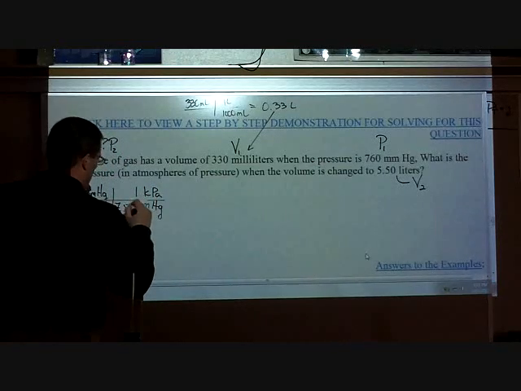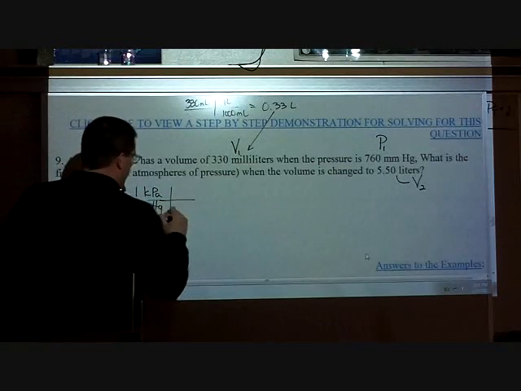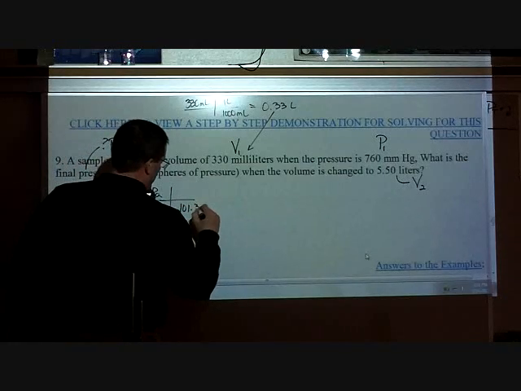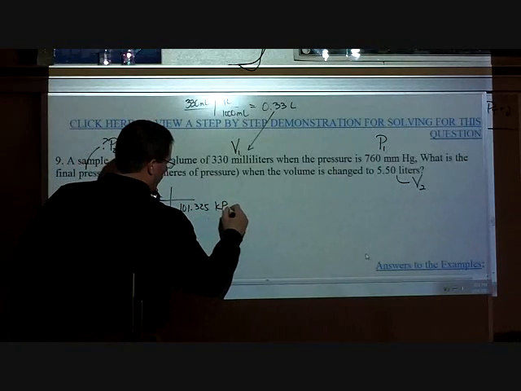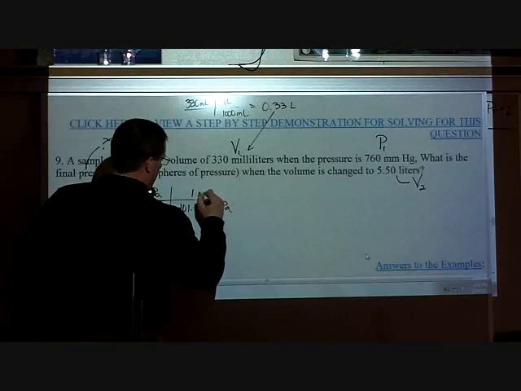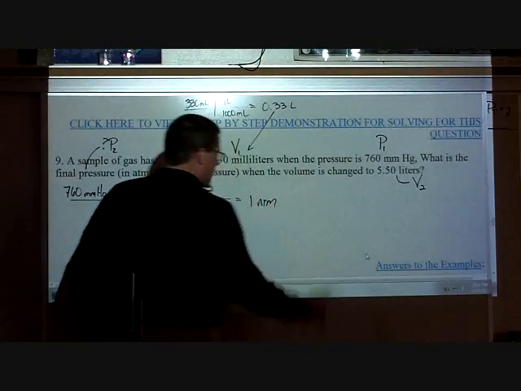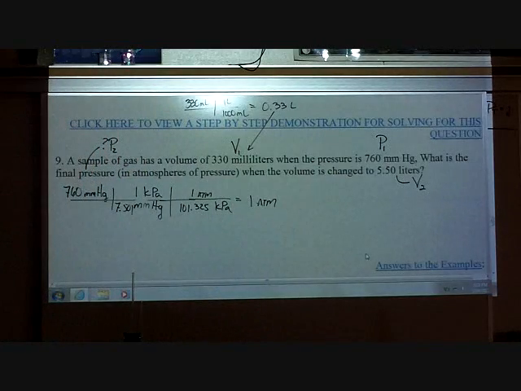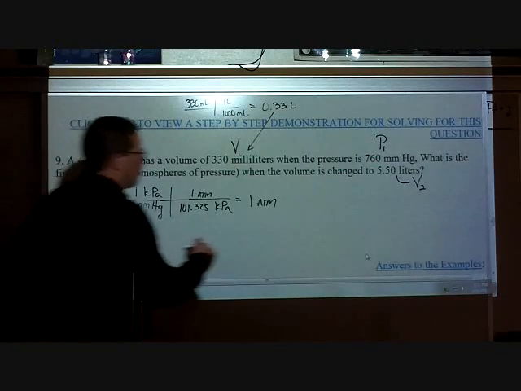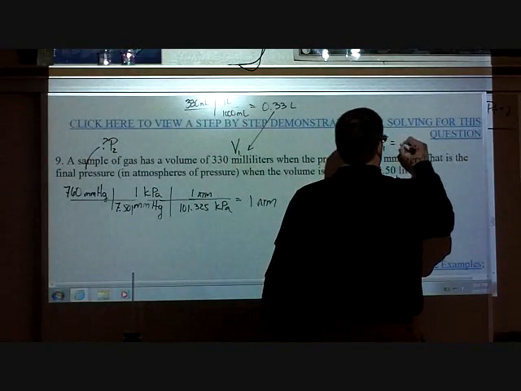Good, 7.501. And then 101.325 kilopascals for every atmosphere. You're going to love this. That's 1 atmosphere. Okay. So good call changing that. Now you can do that at the beginning or at the end. Obviously it'll give you a different value if you do it at the end. All right, so our pressure now is equal to 1 atmosphere.